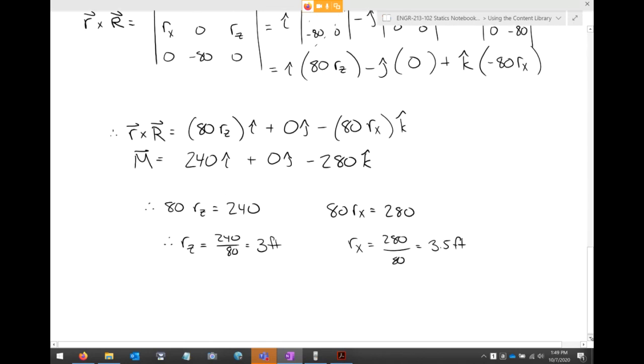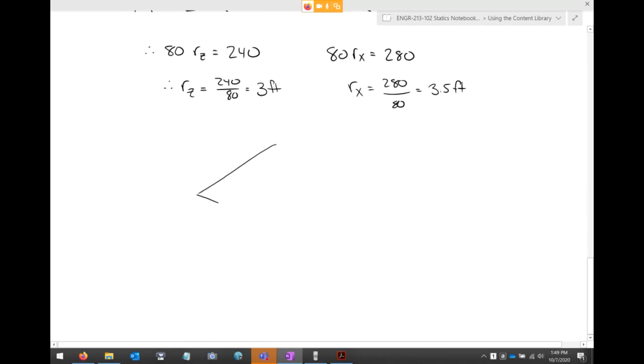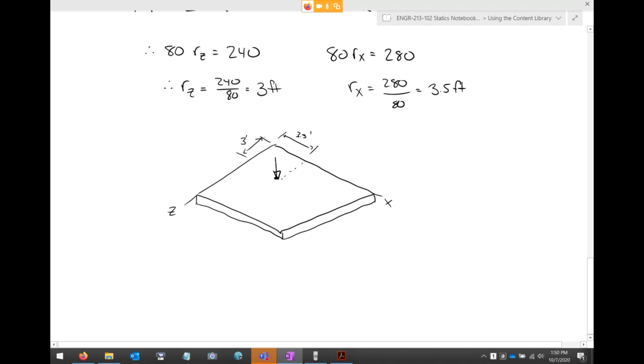So what does that mean? Here's your foundation. And so I can put that load at a certain point right here to where this dimension, because that was the x-axis, this was the z-axis, that dimension there is 3.5 feet, and that dimension is 3 feet.